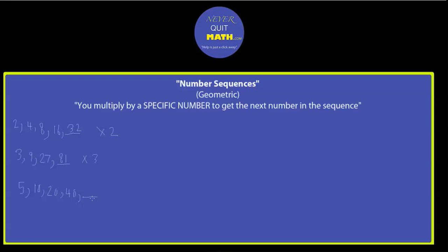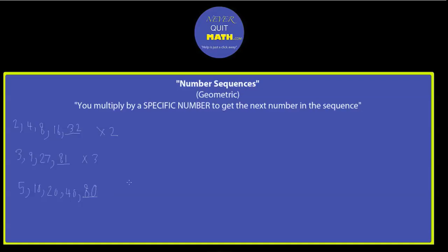Well, if you take a look, we have to remember what we're multiplying by in a geometric sequence. It doesn't always start with the number that we're multiplying by, like the previous two. So this one is 5, then we multiply by 2 to get 10. Then you multiply 10 by 2 to get 20. Then you multiply 20 by 2 to get 40. And you multiply 40 by 2 to get 80. This also is a geometric sequence.